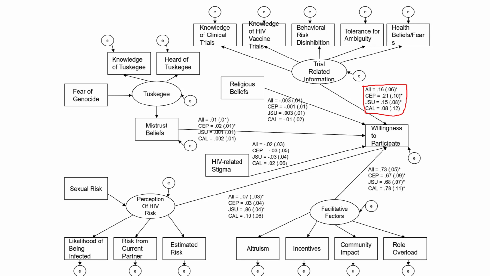It was an HIV vaccination they were looking at, whether they had stigma related to HIV, would that change their willingness to participate? The risk of getting HIV, so maybe if they're at higher risk, we might think they're more likely to participate, whether they're altruistic or there's incentives involved, or they think there's an impact to their community. It might lead to more willingness to participate.